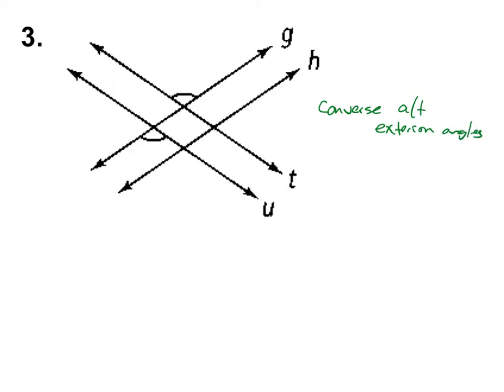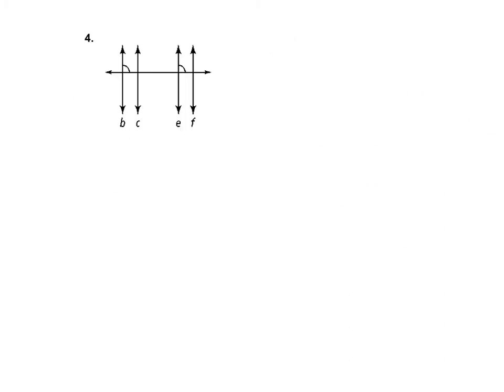Then line T is parallel to line U, and the transversal is line G. Again, as you can see, these are alternate exterior angles. Those are the two lines that are parallel, and this one is the transversal.